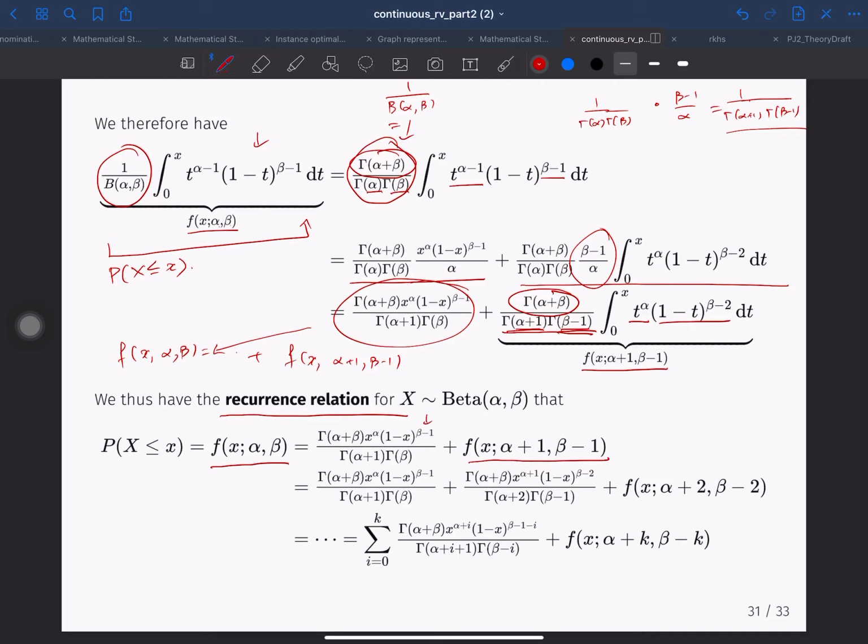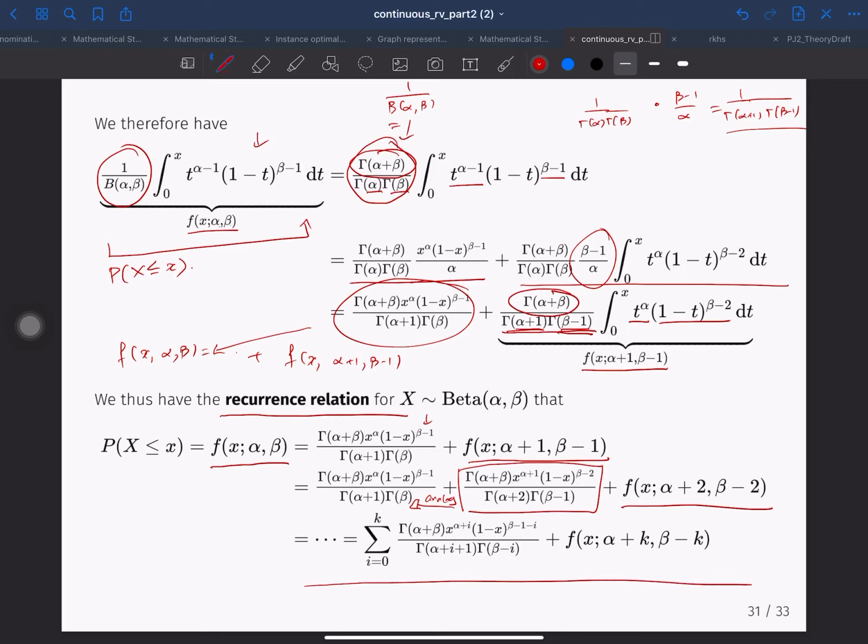Now if you look at f of x, alpha plus 1, beta minus 1 and write it as alpha plus 2, beta minus 2, then analogously this term is the analog of this term. So you repeat this a bunch of times, and you have this summation here.